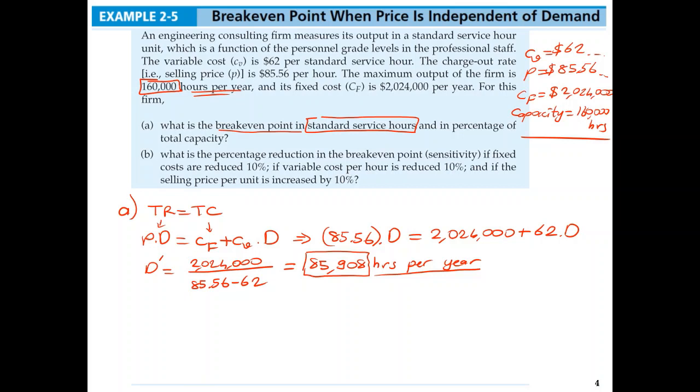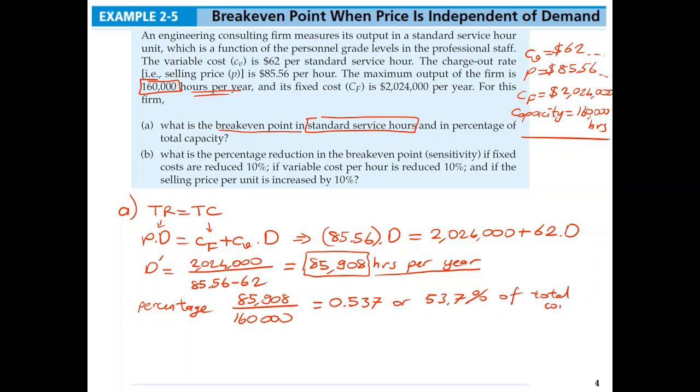Simply we will divide 85,908 by 160,000, and you will calculate that this is 0.537, or we can simply say that 53.7% of total capacity.